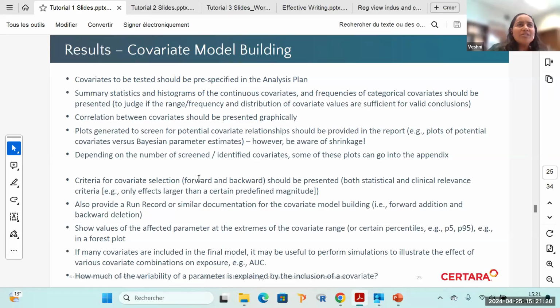Okay, do you know in what context it was asked? It was about the covariate model building, I believe. About selecting the covariates, maybe?